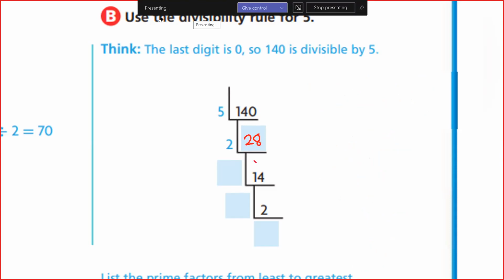Then 14, I can divide it by what to get 2? 7. Bravo. 14 over 7 is 2. Then 2 over 2 is 1. Teacher, from where do we get 28? When you divide 140 by 5, you get 28.